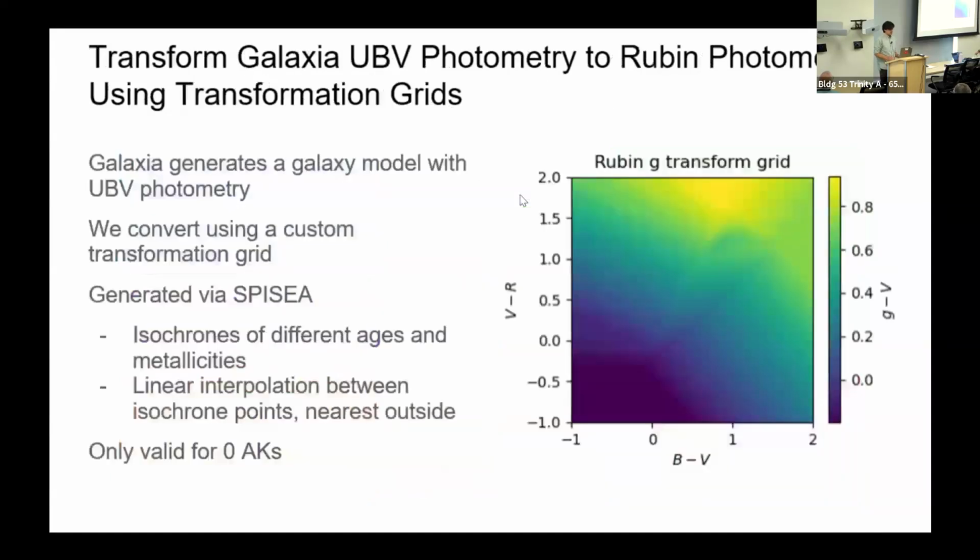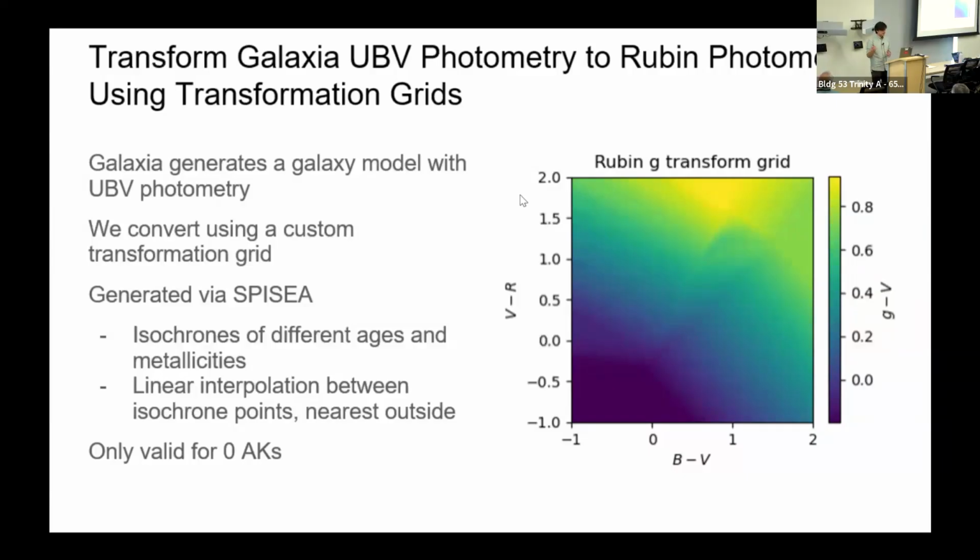So, sorry, to get a little bit more into how we actually do the transformation. This is something that we had to do on our end. What we do is we take many SPISEA isochrones of different ages and metallicities, and we plug them into a grid of color for UBV and extract the Rubin data from also generated SPISEA isochrones of the same ages and metallicities.